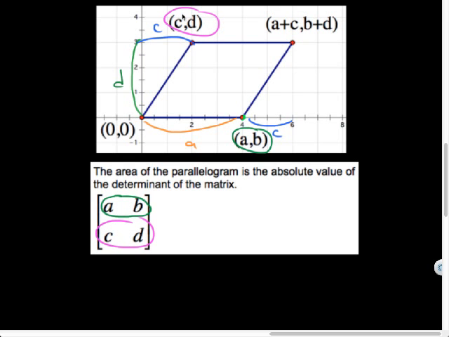Right? So I just arrange it in that order. If I find the determinant and then take its absolute value, because the determinant can be negative, as we saw with negative 10 showing up as one of our answers earlier, we end up taking the absolute value of that, so it's positive. Since area hopefully would be a positive number, as I'm sure you guys would agree.